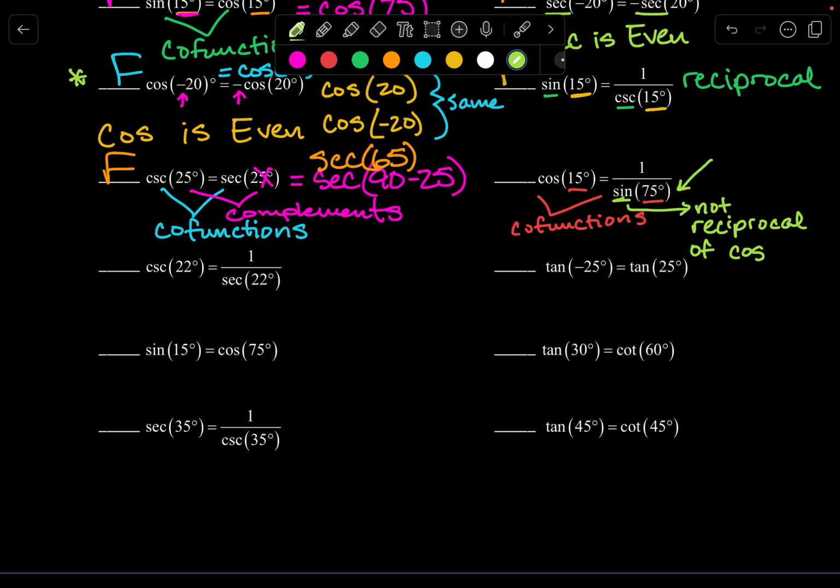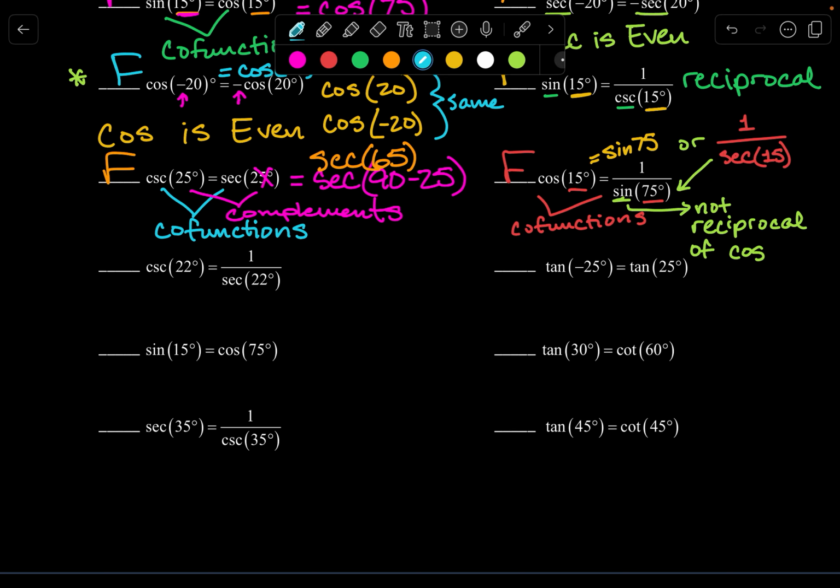So there's a couple ways you could write this to make it true. You could say cosine 15 equals sine 75. That's one way. Or you could say that it equals 1 over the secant of 15. So there's two different ways you could make this true, but as of now, it's false.